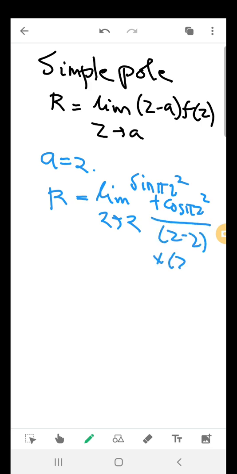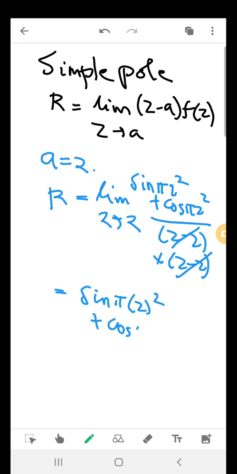So these two cancel out, and what is left is sine pi 2 square plus cos pi 2 square. So this gives you the value equal to 1.